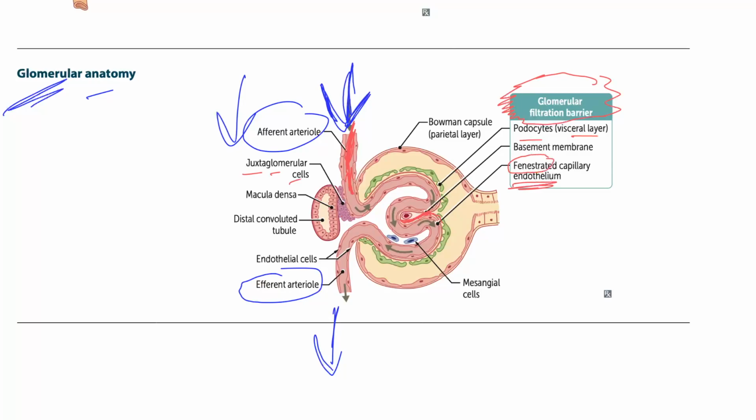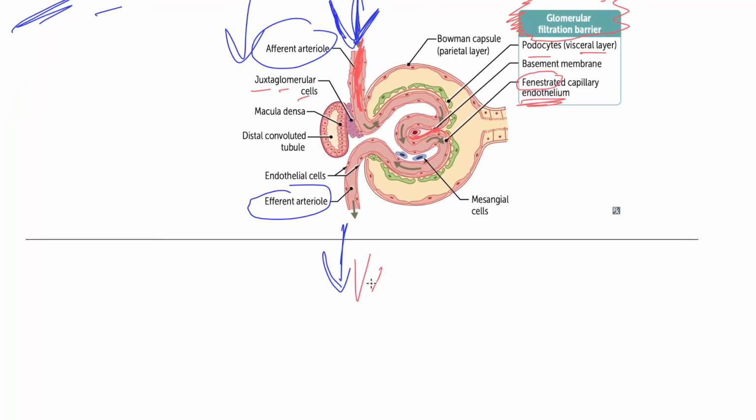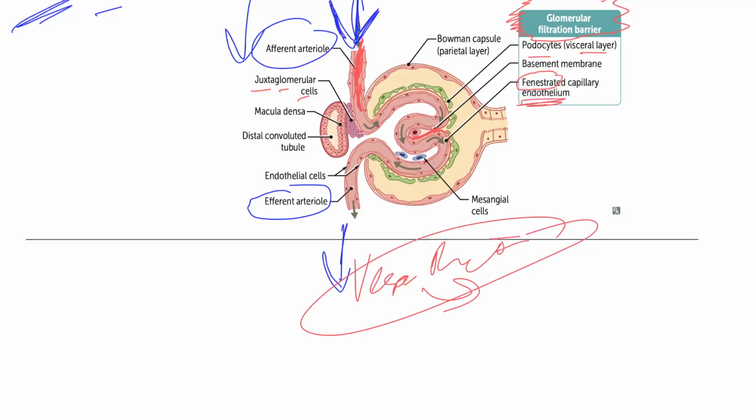And this forms the glomerular filtration barrier. And again, from efferent arterioles, it goes towards the vasa recta, and then finally all the way towards the renal vein.